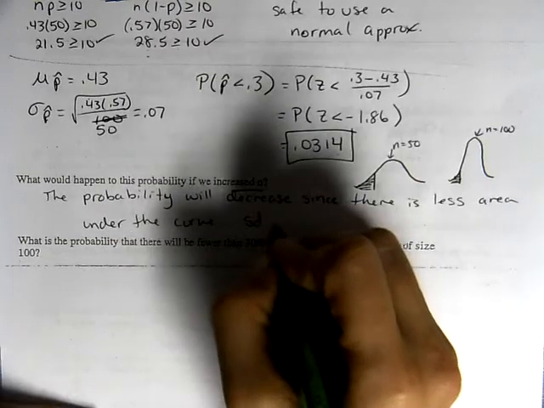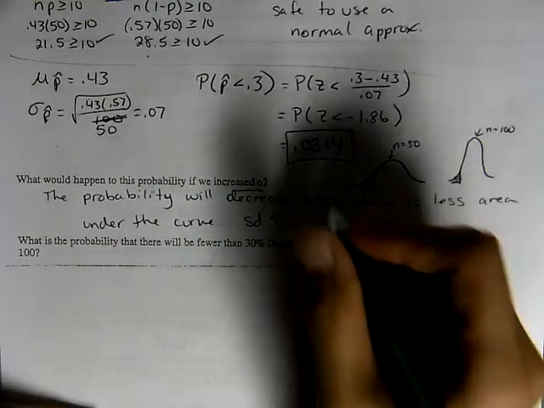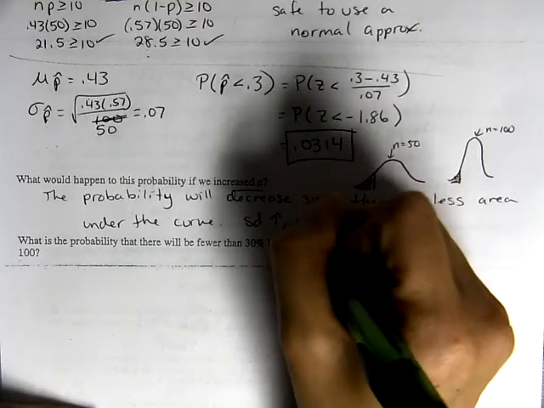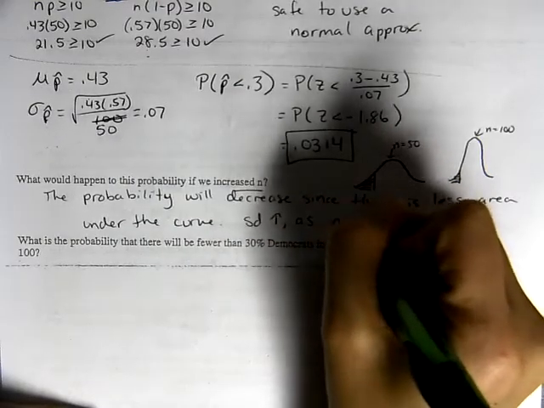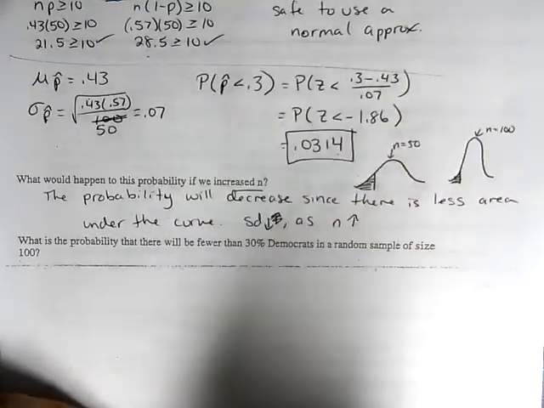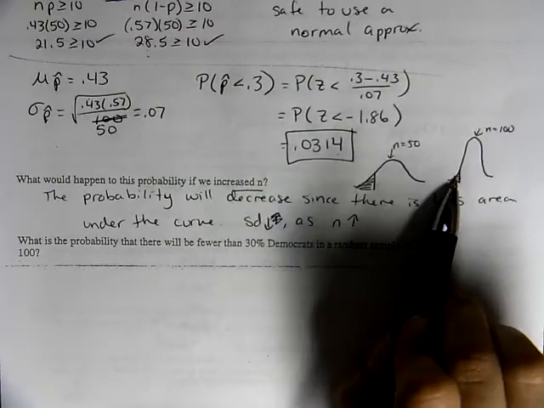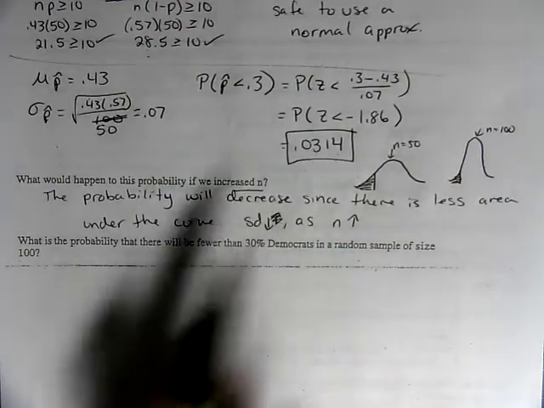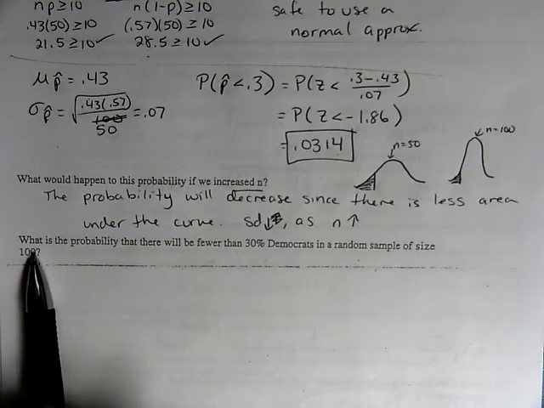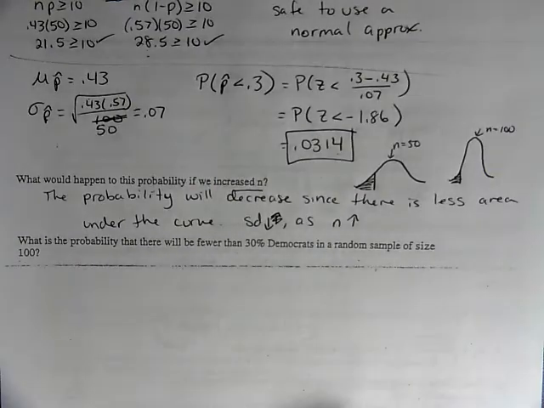Remember, standard deviation will increase as n increases. No, standard deviation decreases as n increases. So you have less area under the curve. So what should happen, we're going to now increase our sample size to 100. So what should happen, this probability should get much smaller.